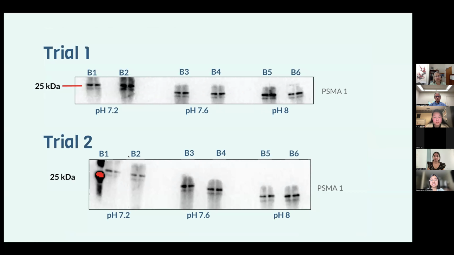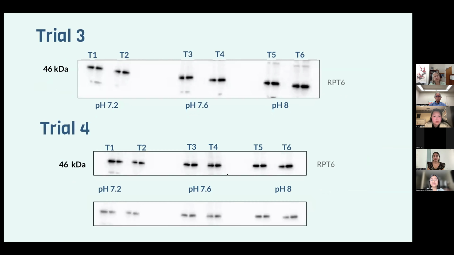At 7.2, you can see that it's very faint comparing trial 1 and trial 2, and there's a lot of background in bottom membrane 2 for trial 1. So this shows that in different pHs, the binding of antibody works or performs differently.